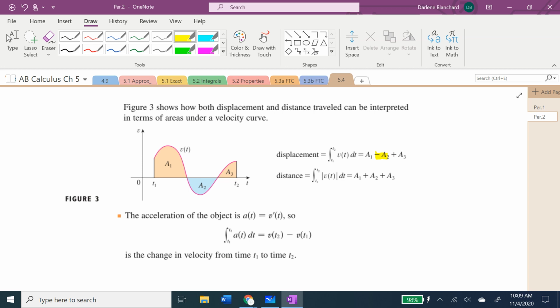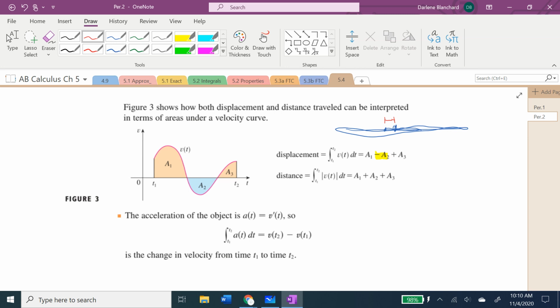And that's exactly what displacement is. If I move back and forth on a line, and then I stop, my displacement doesn't care where I've been. My displacement only cares where am I currently located compared to where I was located earlier.